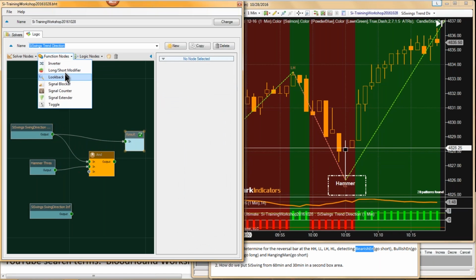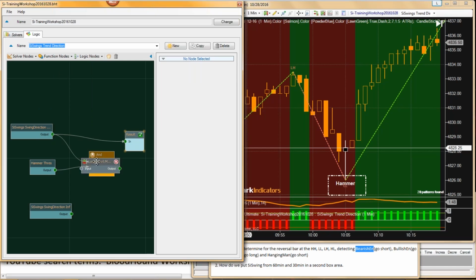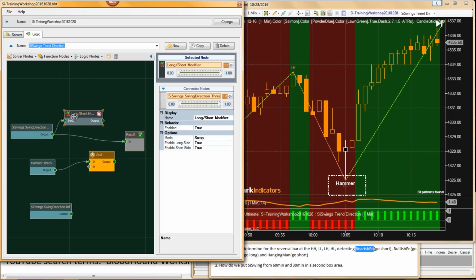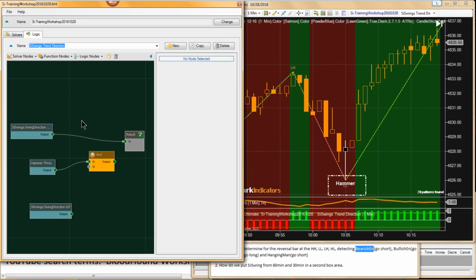So what we need to do is reverse the outputs here. So I'm going to use a long short modifier, right? And it's set to swap mode. So there we go.